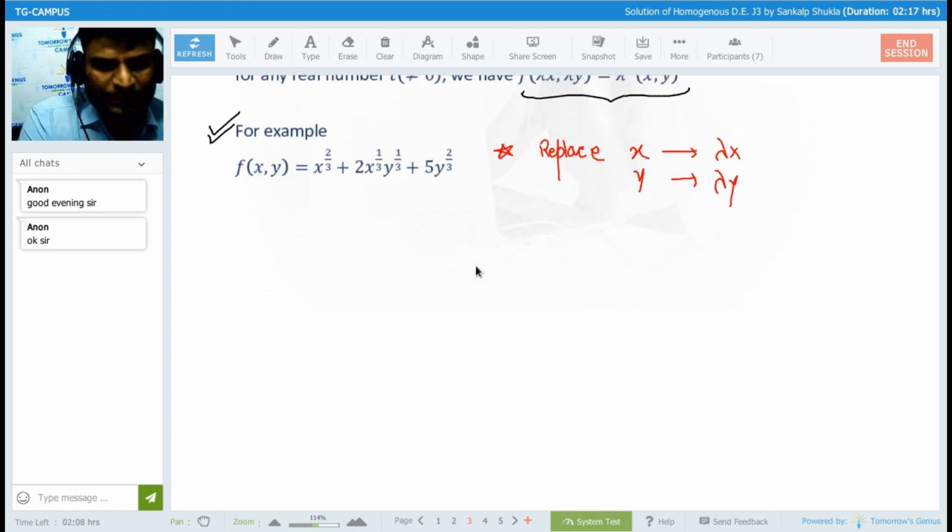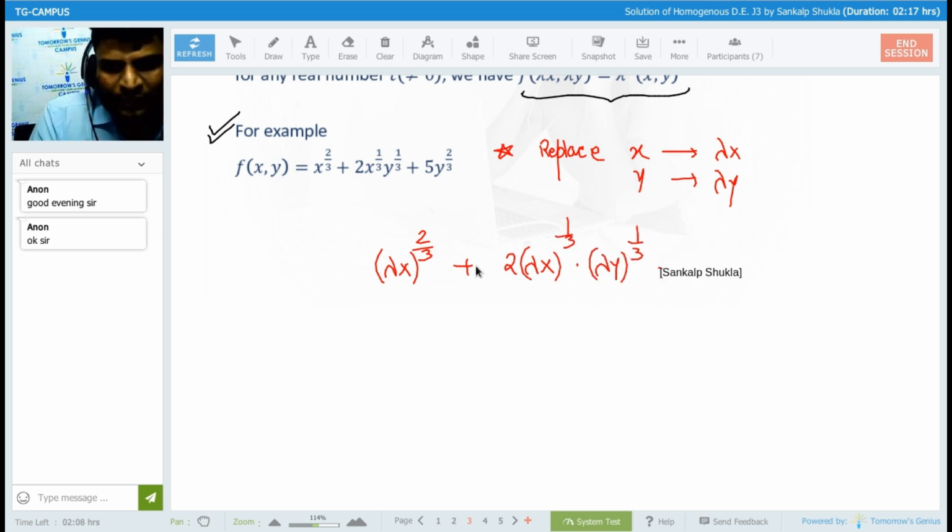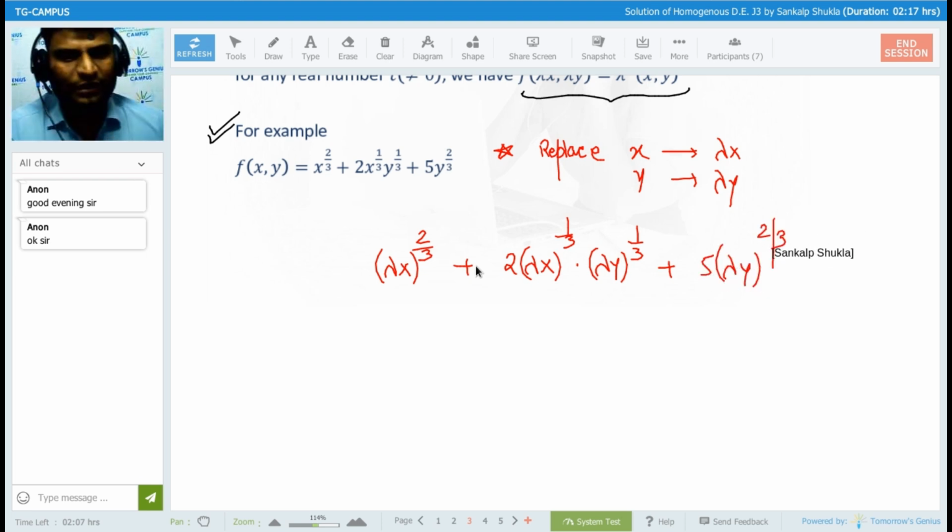Now if you replace this in the function, this becomes lambda x raised to the power 2 by 3 plus 2 into lambda x raised to the power 1 by 3 lambda y raised to the power 1 by 3 plus 5 lambda y raised to the power 2 by 3. This will be the function.